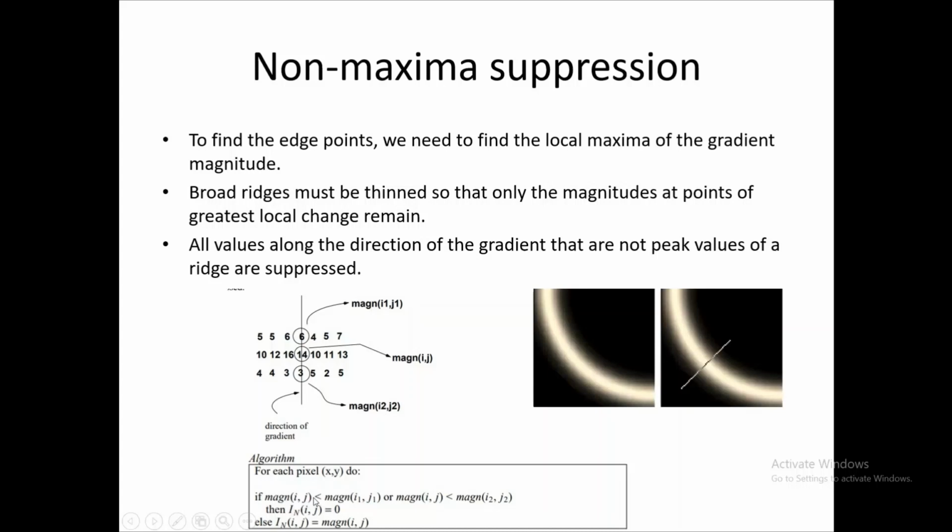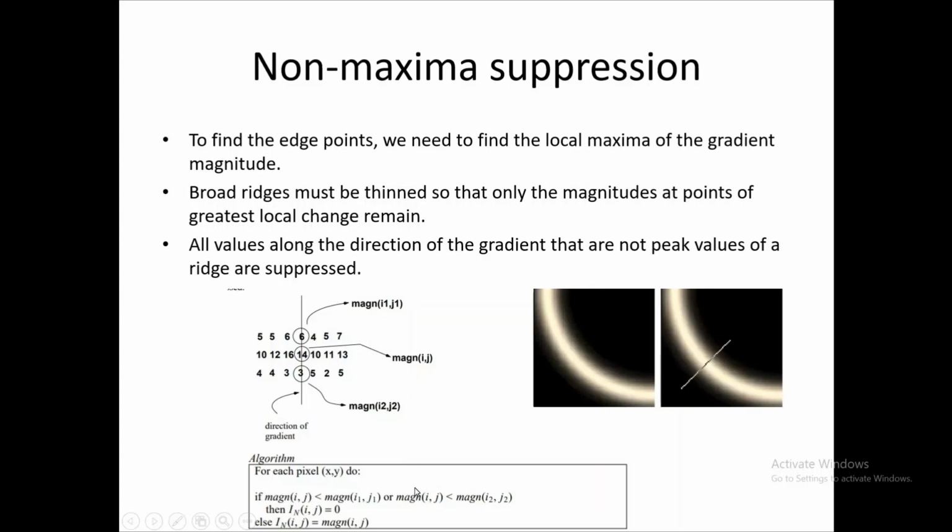if the magnitude at Ij is less than the magnitude at I1J1, or the magnitude at Ij is less than the magnitude at I2J2, then we will make this value 0, or we will suppress it. Otherwise we will retain its value.